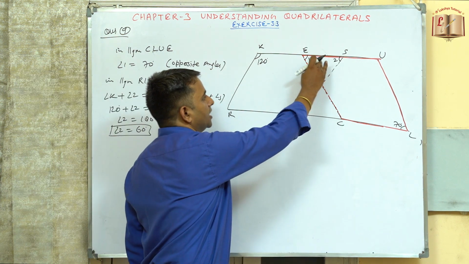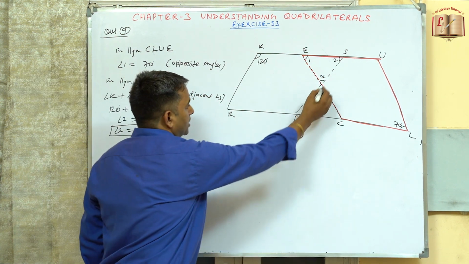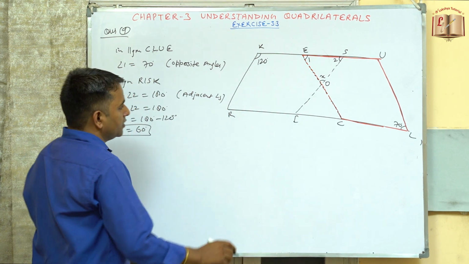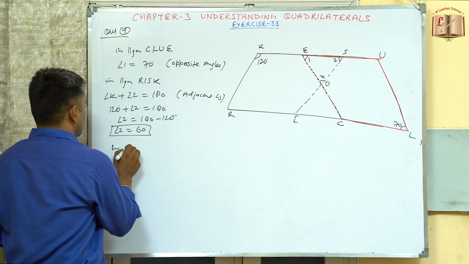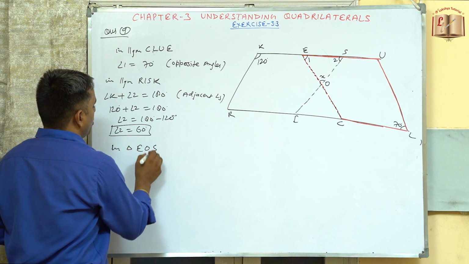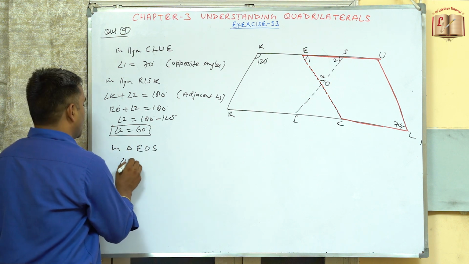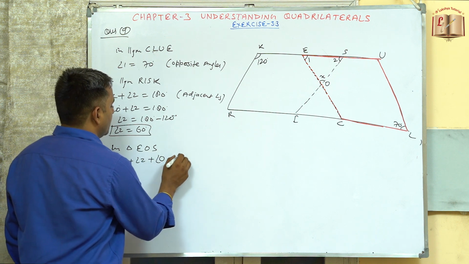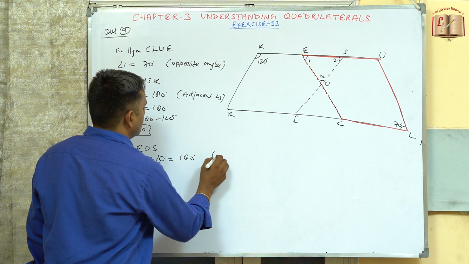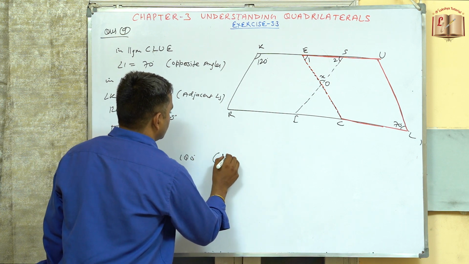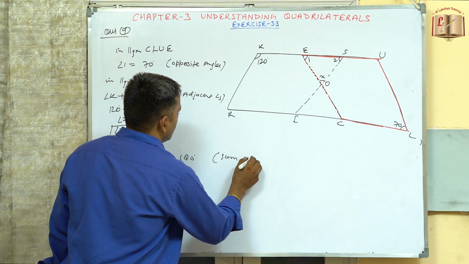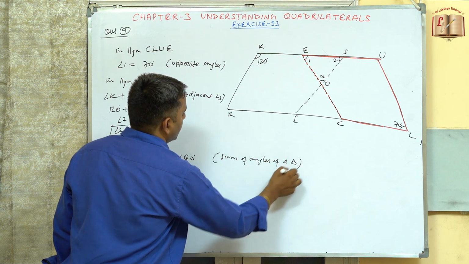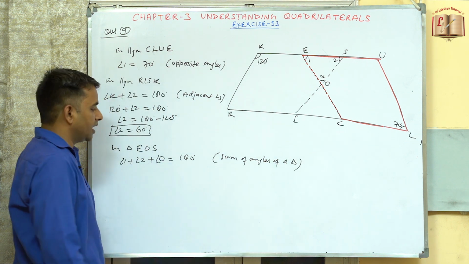Now in this triangle, in triangle EOS, angle 1 plus angle 2 plus angle O will be equal to 180 degrees. This is the sum of angles of a triangle, which is 180 degrees.